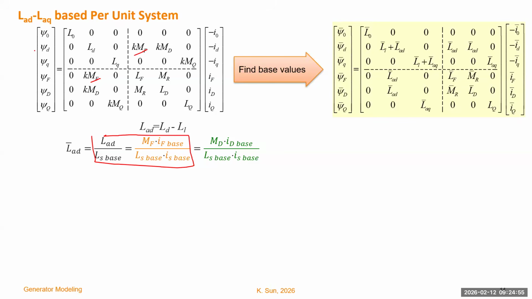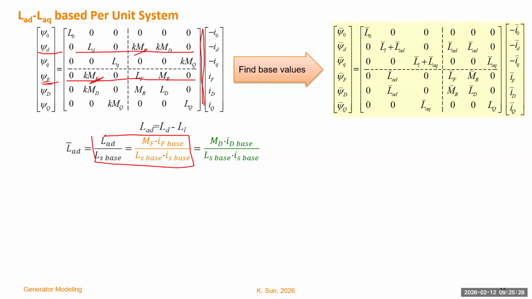So we just pick two equations that involve KMF, which first is this equation. So this row multiplied by this column, you generate the first equation. That equation is not in per unit, but you divide both sides by the base quantity you already defined from previous slides. And second, you introduce another equation, which is this row that also involves this MF, multiplied by this column.